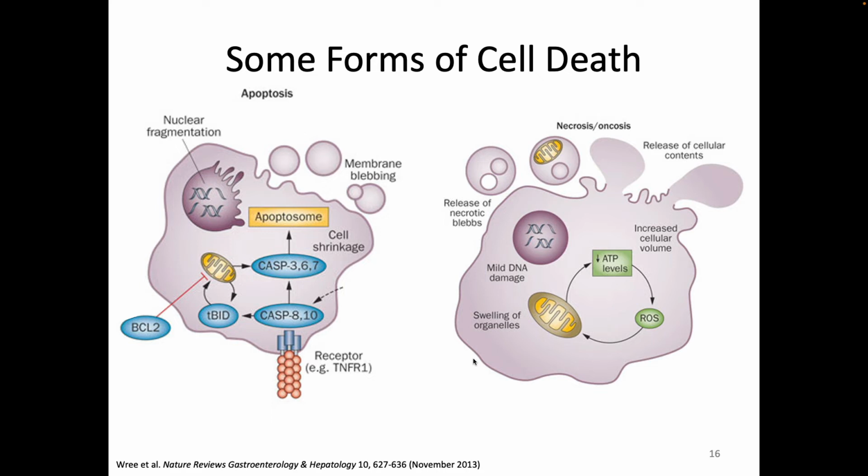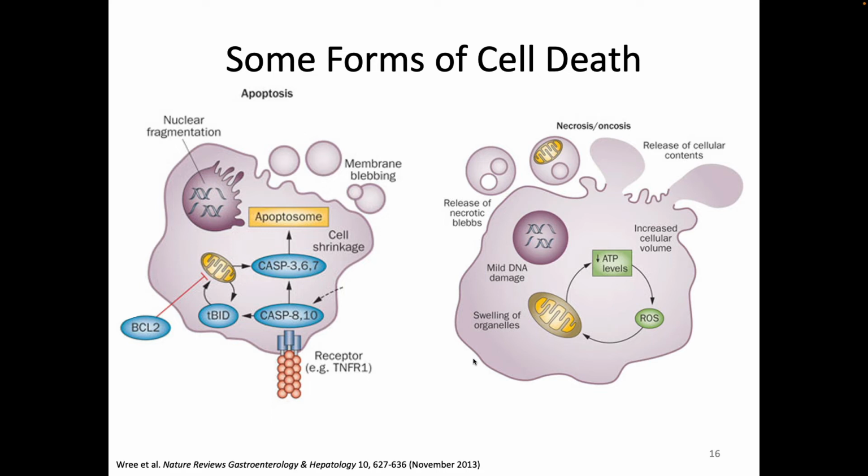When I, as an immunologist, think about apoptosis, I think about some really key events. In apoptosis, the cell is going to fragment its DNA, and it's going to make these little membrane blebs.